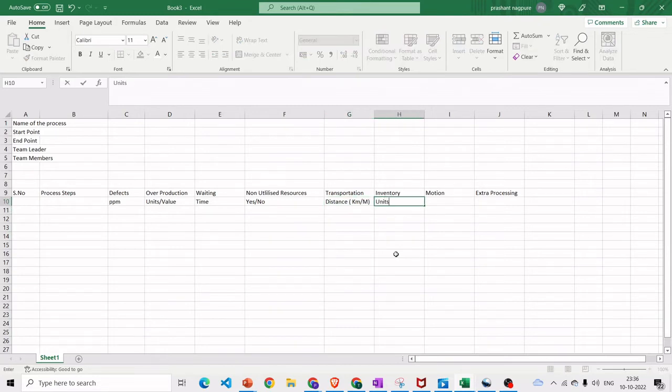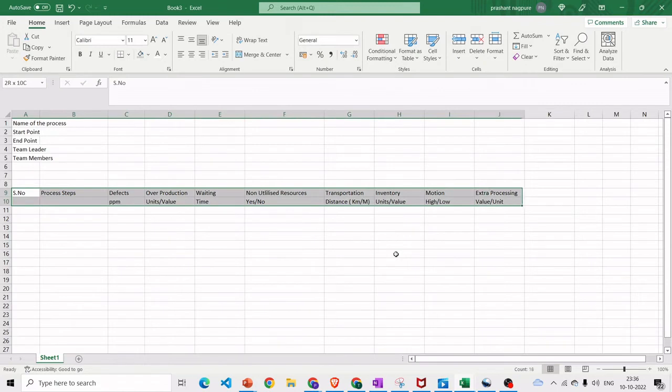Inventory can be again in units, value. Motion can be again high, low. Extra processing can be again in terms of value, units, and so on and so forth.